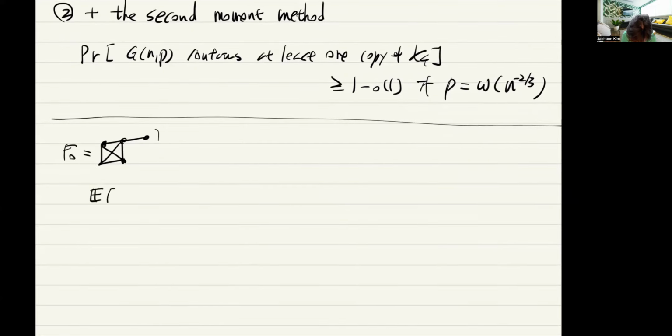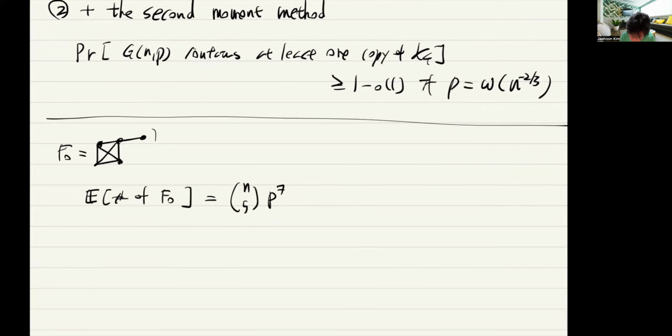What's the expected number of copies of F0 in G(n,p)? You have n to the 5 choices of vertices, and then you have 7 edges. So this becomes constant if p is around n to the negative 5 over 7.